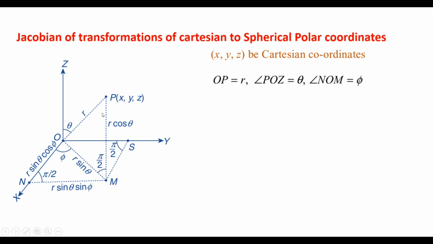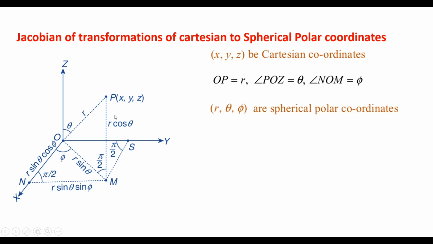From this, one can observe that the distance between O and P is r, the angle POZ is theta, angle NOM is phi. So observe these three things: OP is r, angle NOM is phi, angle POZ is theta.